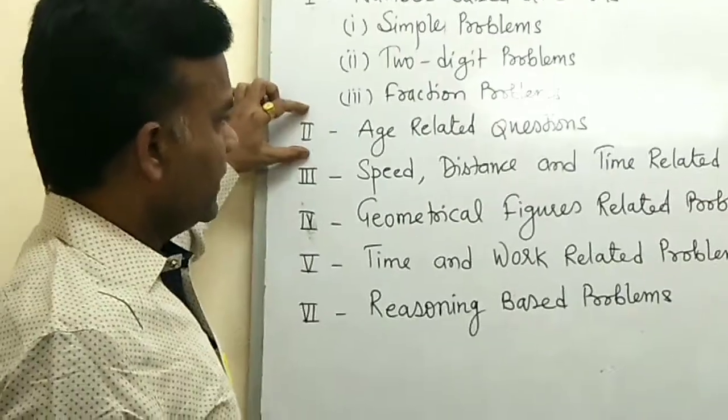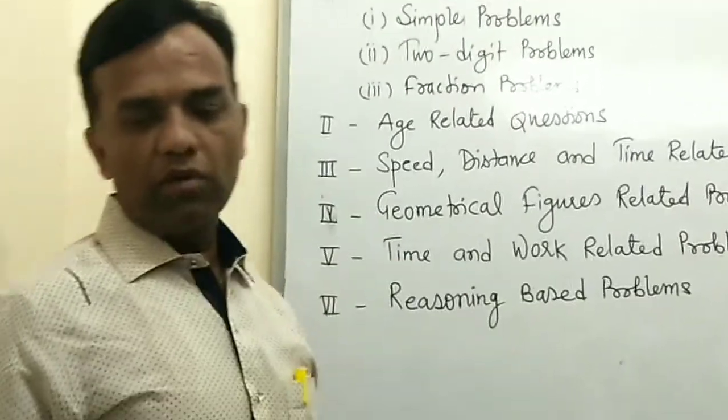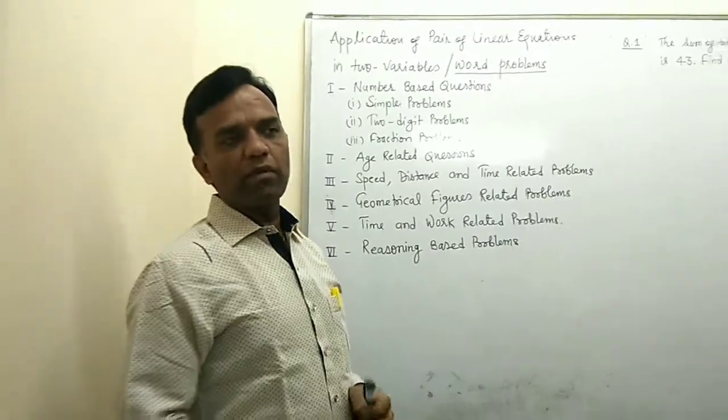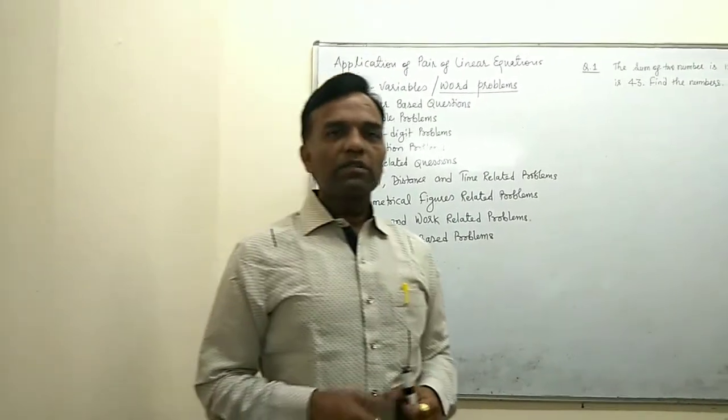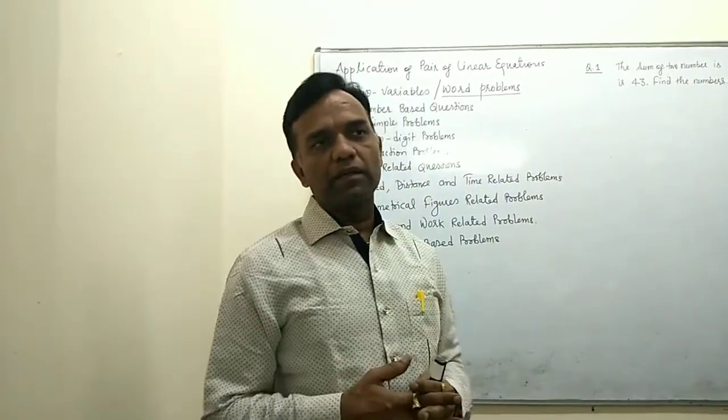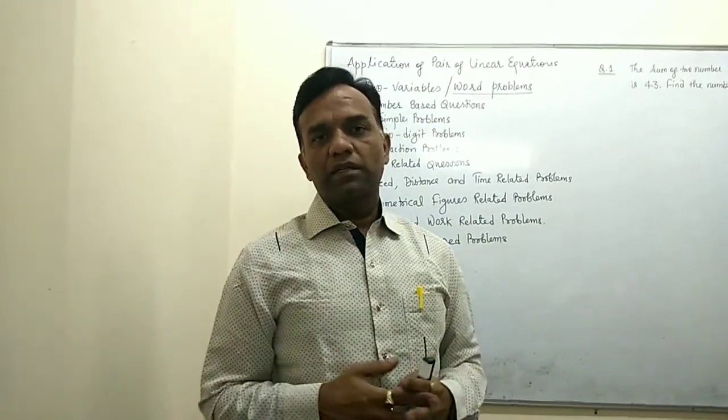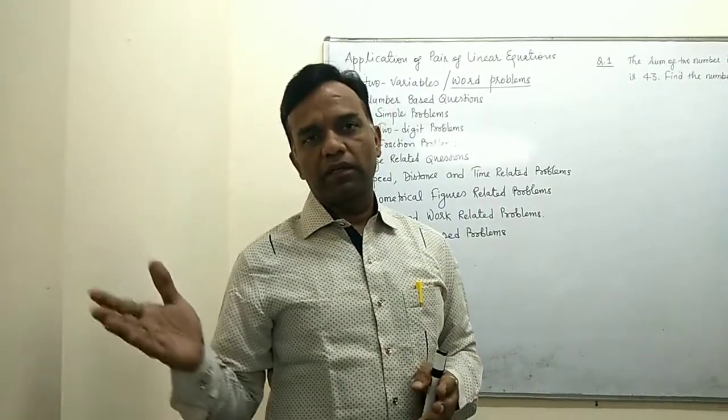Then the second category is age related questions. Especially in competitive exams, this type of question is mainly asked, for example, the age of Reena is 6 years older than Samiksha.